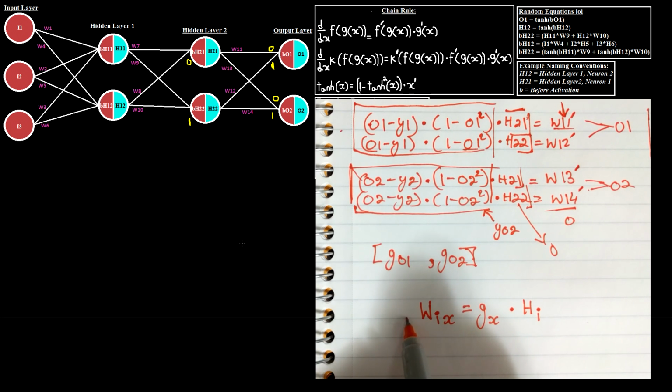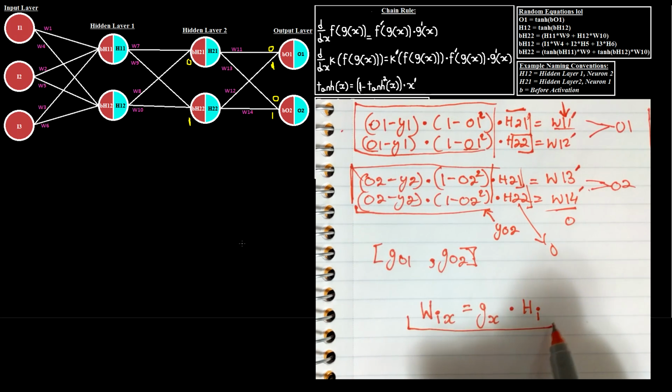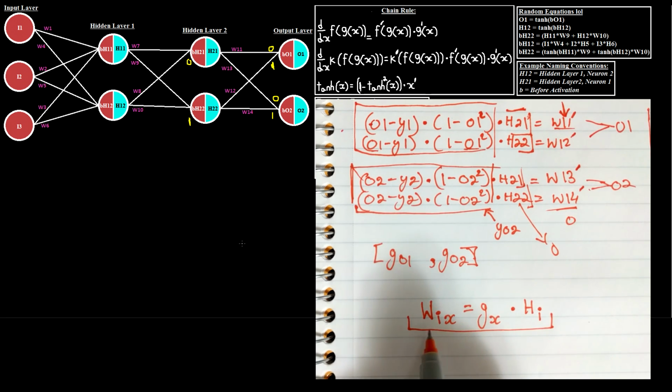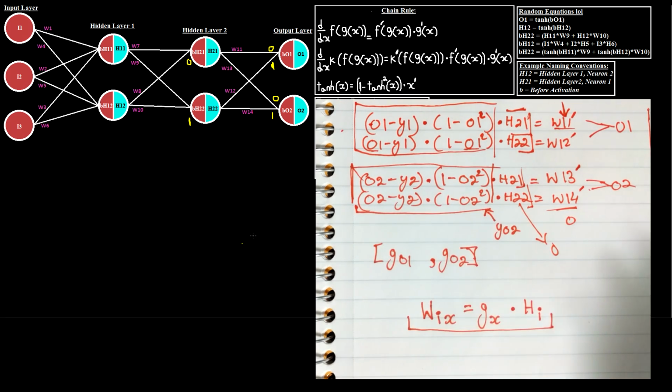So now what we have actually learned is this really beautiful little formula. This formula right here will allow us to calculate the prime values for any weight in the output layer. The I over here is the index of the weight in that neuron. So what is the index of the weight? W11 you can see is at index 0 in the output 1 neuron, and W12 is at index 1 at the output 1 neuron.